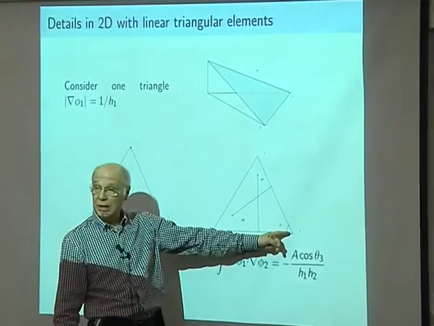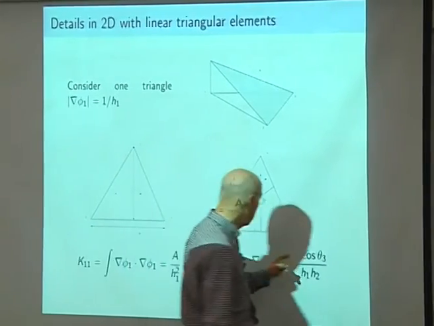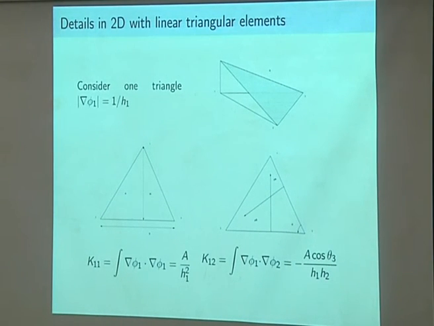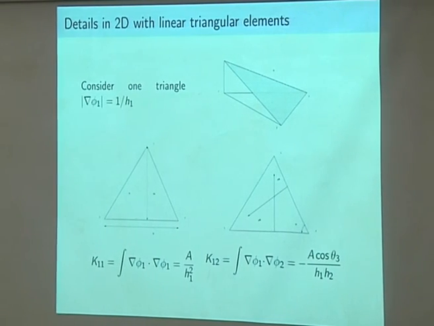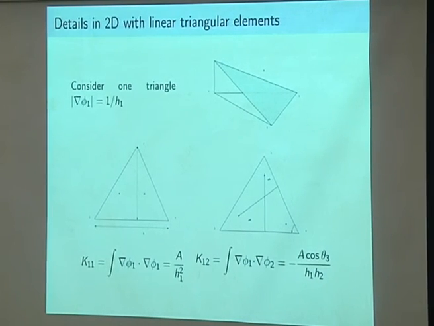So it's the cosine of that included angle. So that matrix element, doing the area integral, is the area, cosine, over h1 h2, and because they're pointing in opposite directions, there's a negative sign.